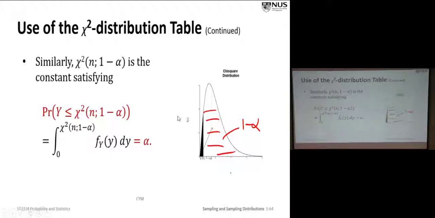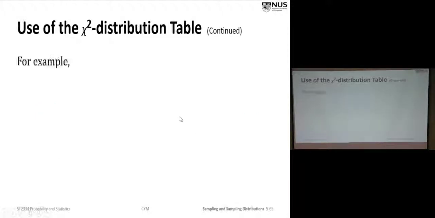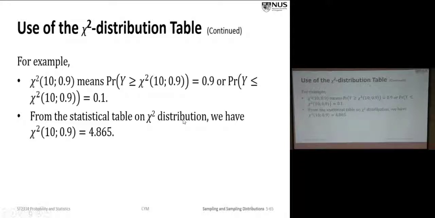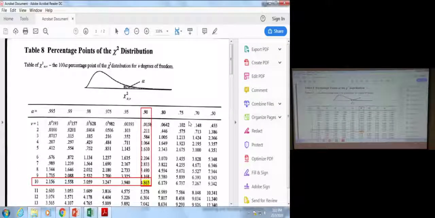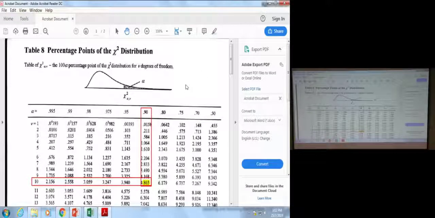Here is a table taken from a textbook. Unlike the normal table, which is one distribution, the standard normal distribution, chi-square distribution has an infinite number of them.